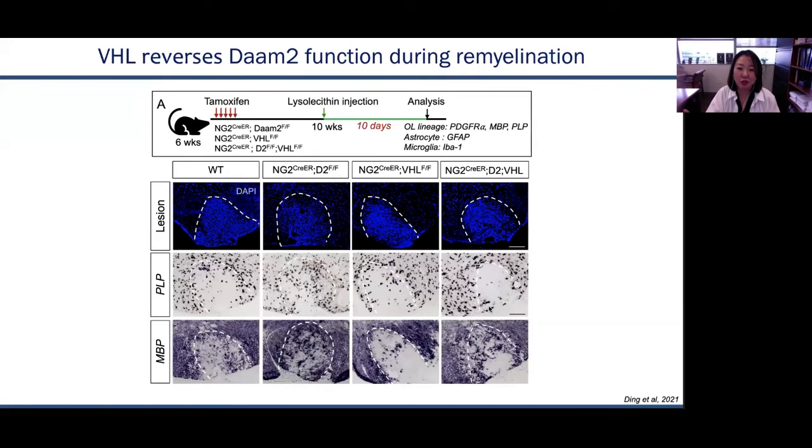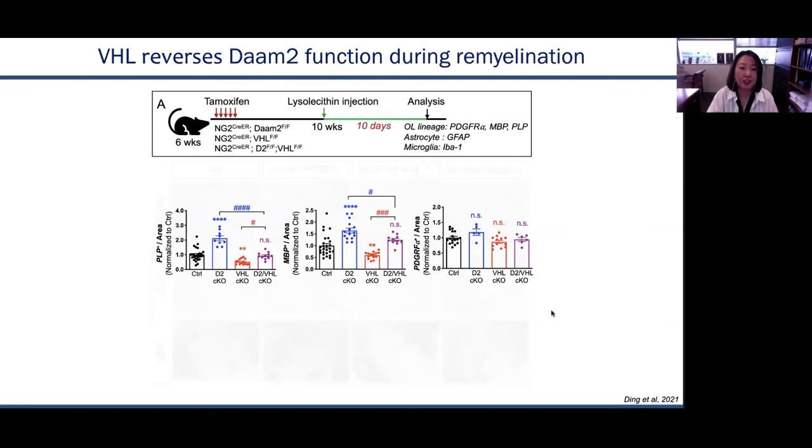Basically, we can study the TEM2 and VHL axis function using a genetic mouse model, the same approach. And this is a quantification. TEM2 conditional knockout has a high number of PDGFRα-positive undifferentiated cells. If you make a double knockout after injury, this phenotype is reversed.